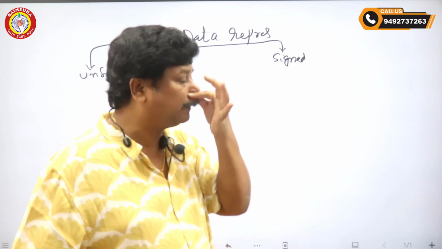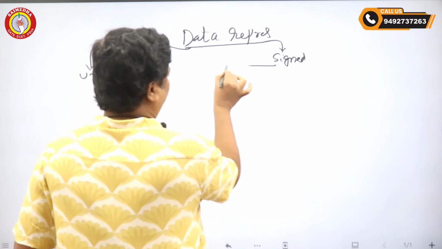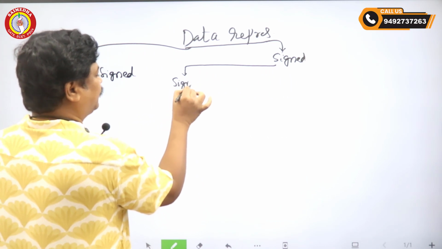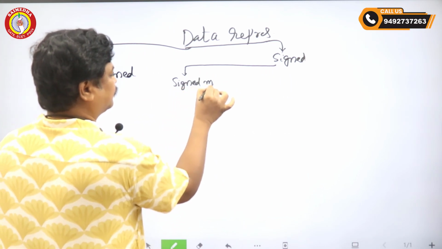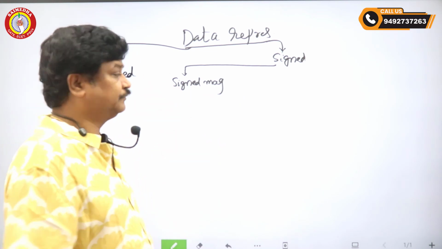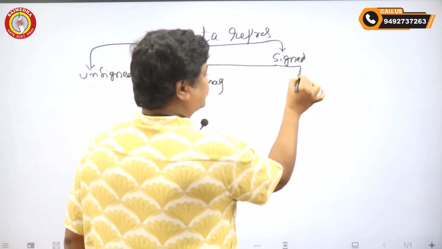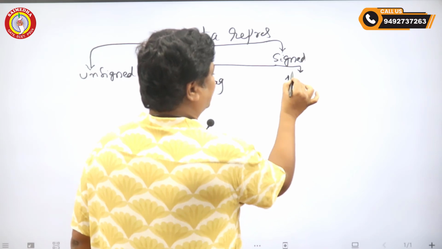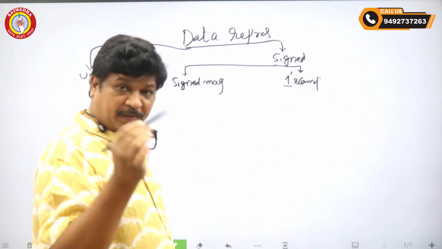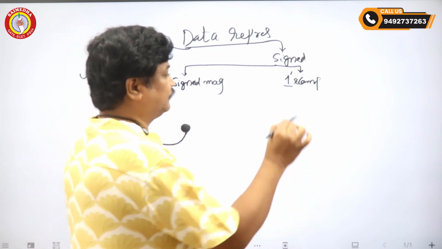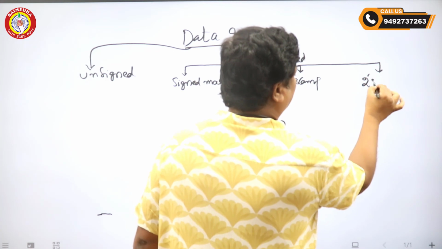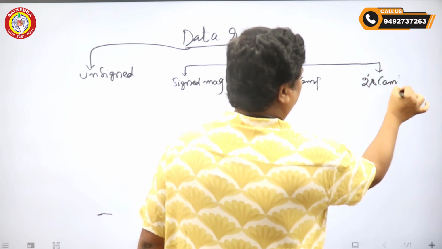What are they? Here we have signed magnitude, the second one is one's complement representation, and the third one is two's complement data representation.